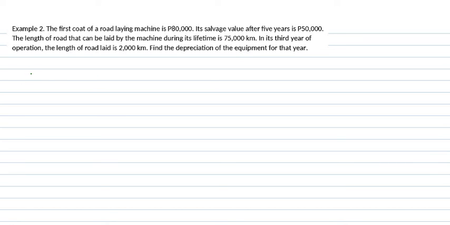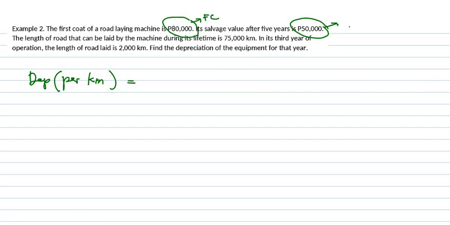Now take note, our unit here is usually in terms of kilometers. So we will find first the depreciation per kilometer, which is equivalent to the first cost. The first cost of the road laying machine is 80,000. This is our first cost. And then its salvage value after 5 years is 50,000.